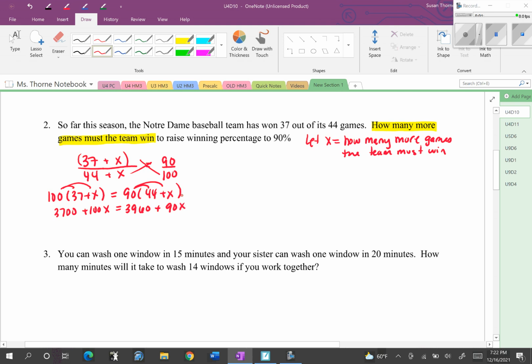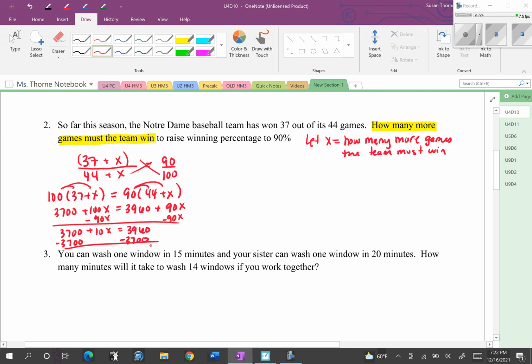And now we need to combine like terms. So subtract the 90x to the other side. So 3,700 plus 10x equals 3,960. Subtract the 3,700.